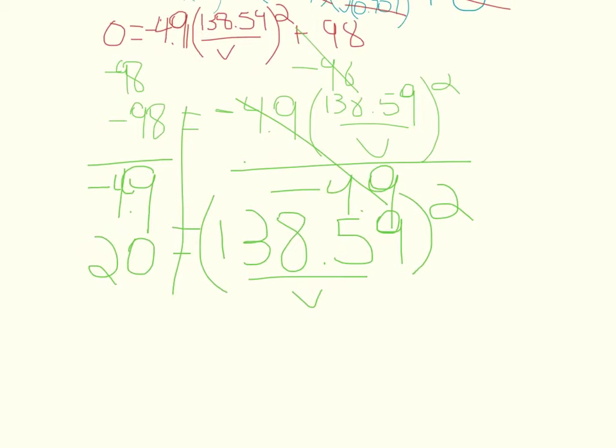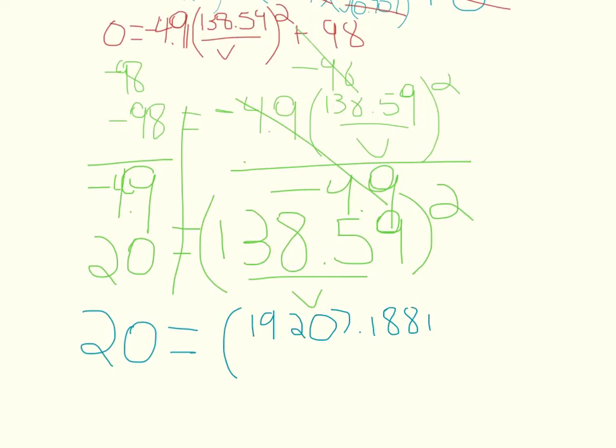We're going to distribute the square to 138.59 and v, leaving us with 20 equals, after doing the math, 19207.1881 over v squared.